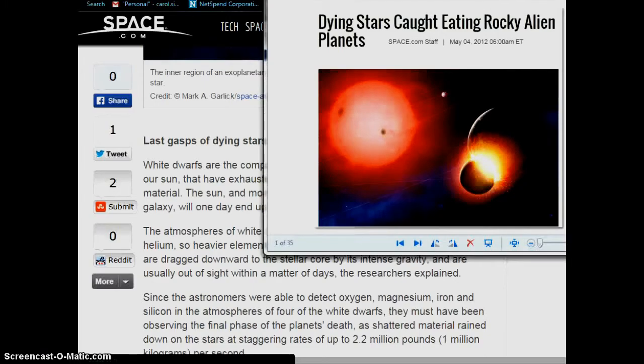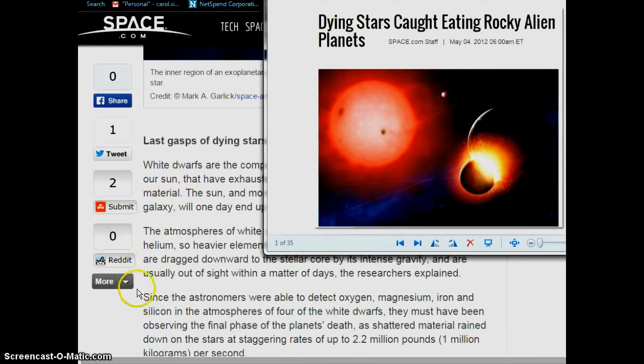Whether it be the contents of this being sucked out in this direction, or here's an article about the same thing on space.com called Dying Stars Eating Rocky Alien Planets.